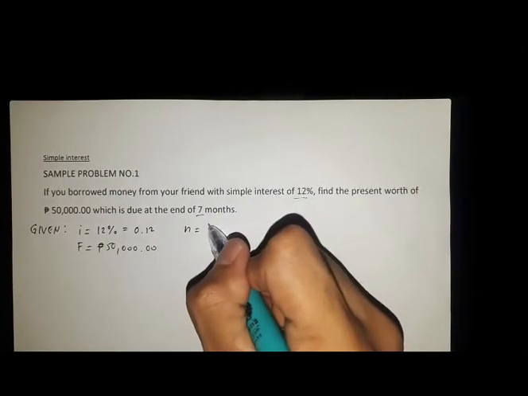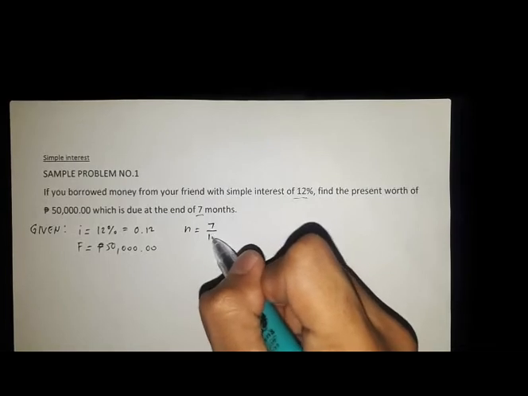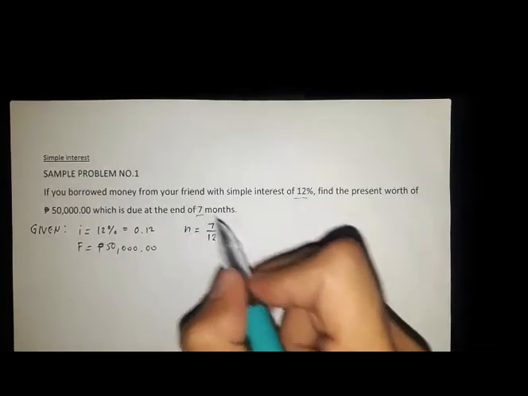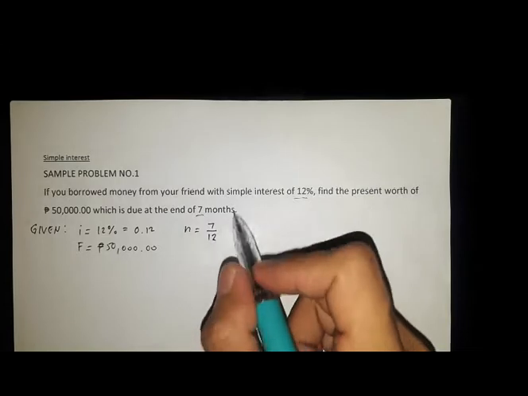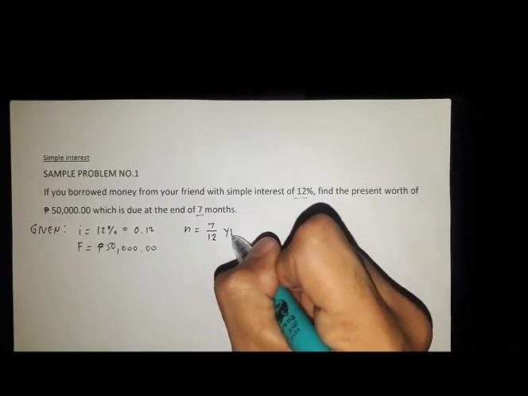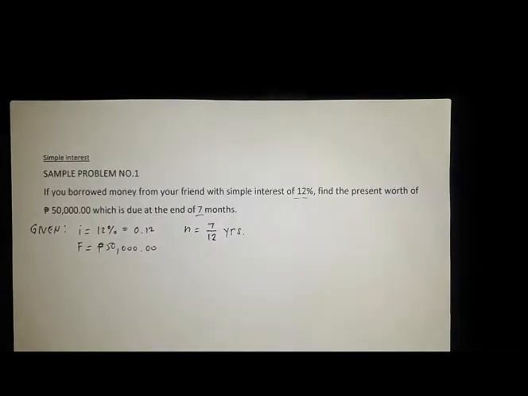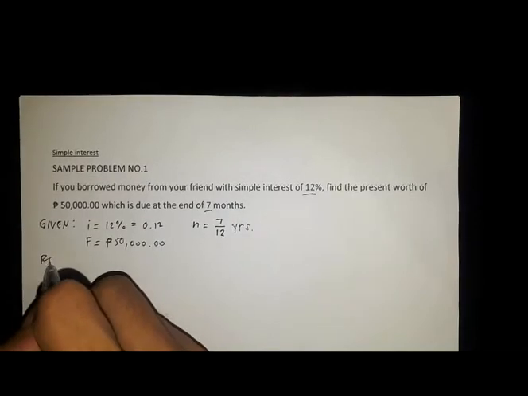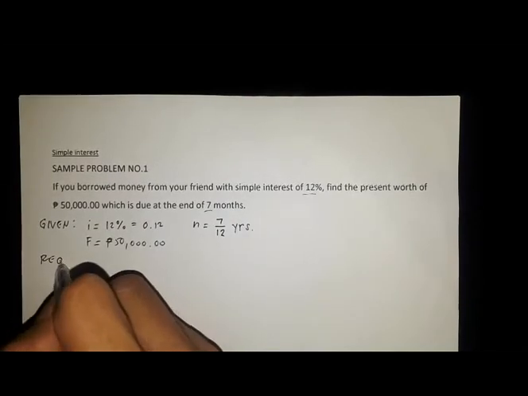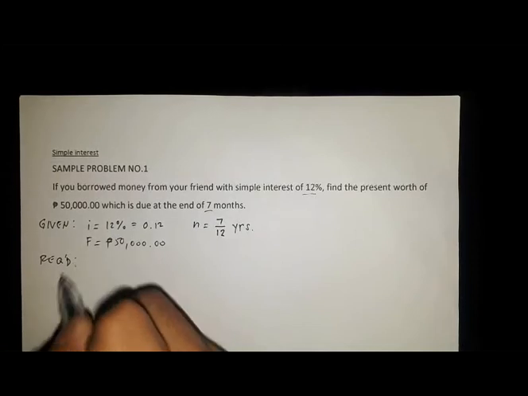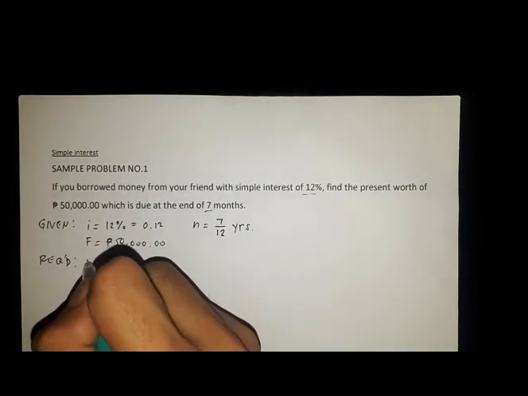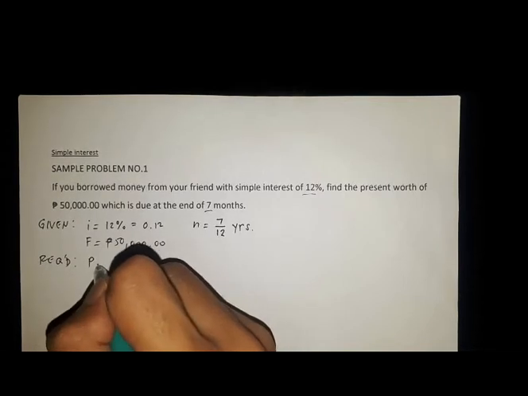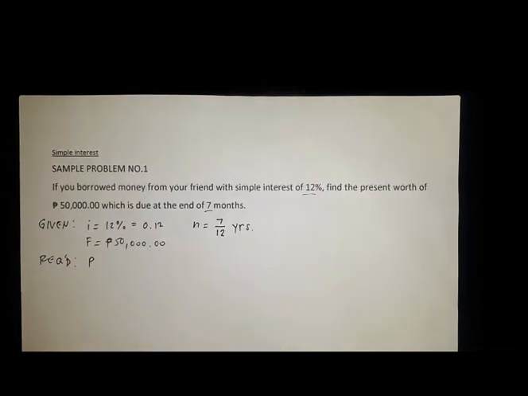So n must be expressed in the number of years, so in order to do that, we divide it by 12. So that is the value of n, and we are required to solve for the present worth P.